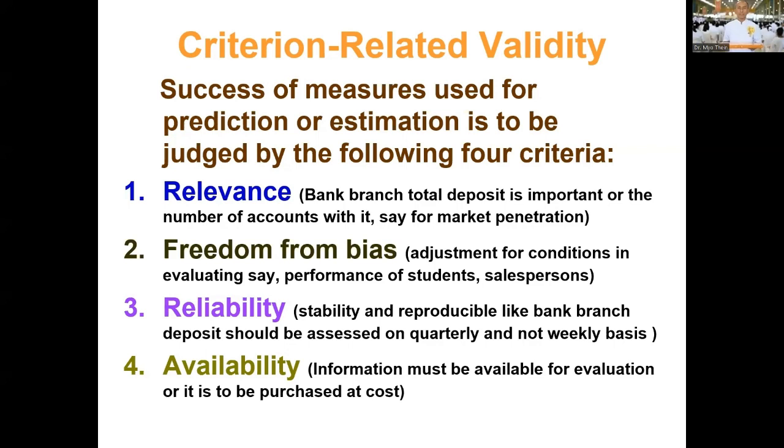Then third is reliability. It is stability and reproducibility, like a bank branch deposit should be assessed on a quarterly and not weekly basis. Through this we can know how stable and what the reproductions are in the bank related with the transactions and incomes or deposits, how the deposits are coming.